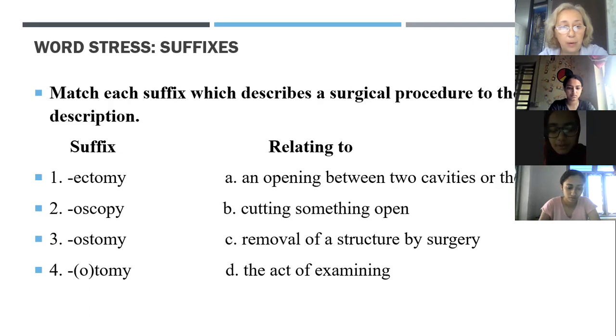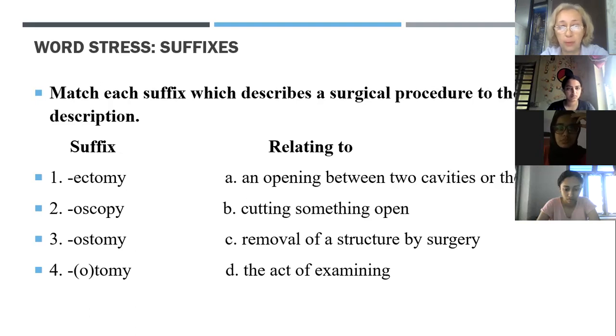Well, now otomy, the next suffix, is for Sultan. Hello? What is it? B option, ma'am. Cutting something open. And any examples? Musculotomy.